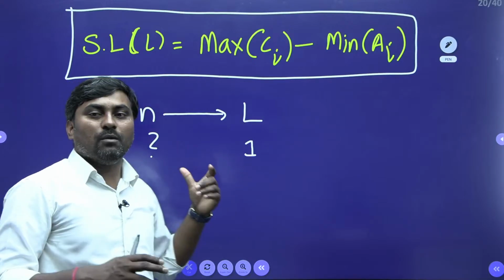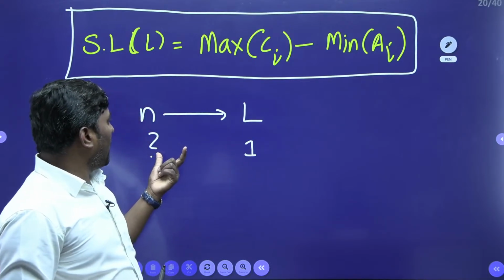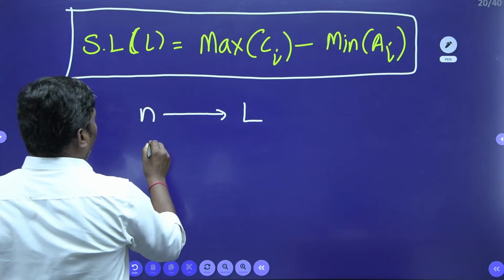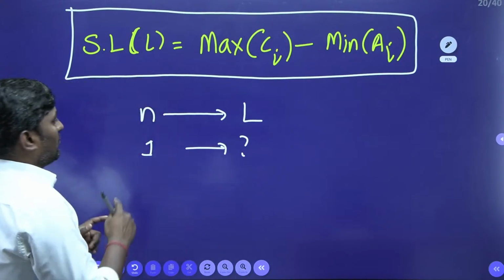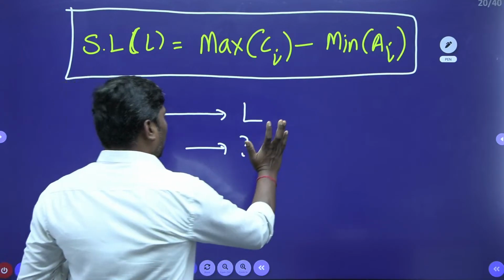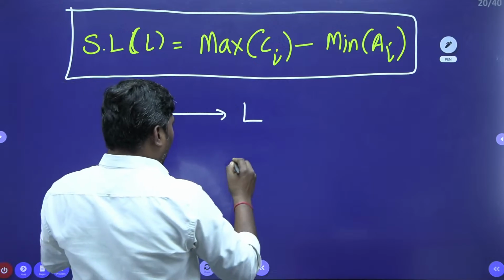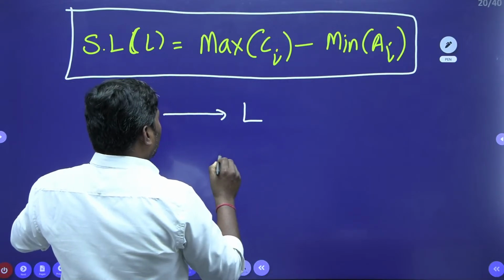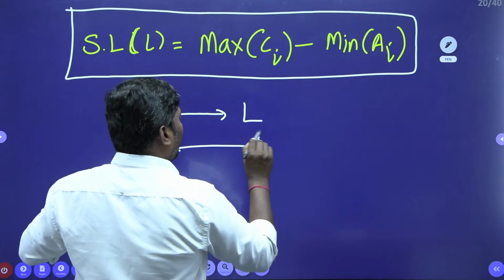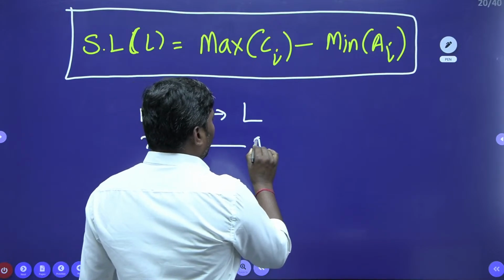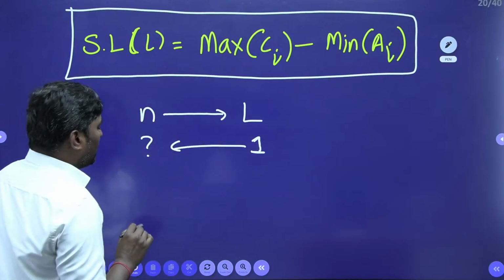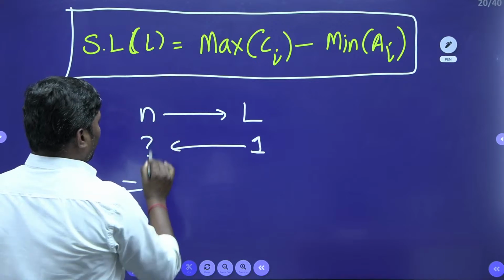Now I'm asking: how many processes can I complete with 1 unit of time? L units of time are taken to complete N processes. So if I give 1 unit of time, how many processes will complete? That is nothing but 1 into N by L, right?